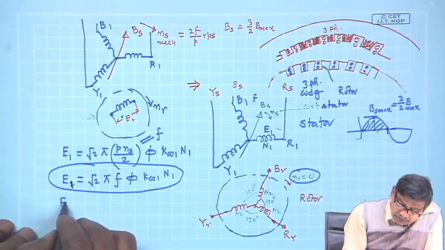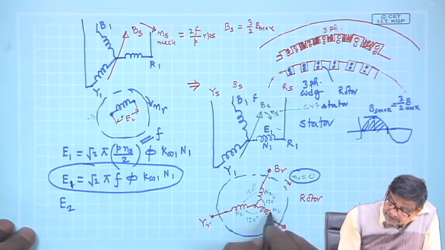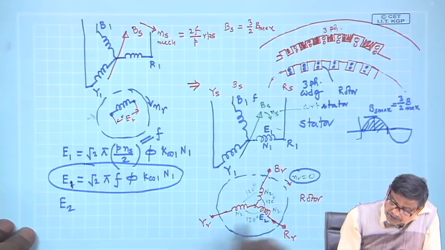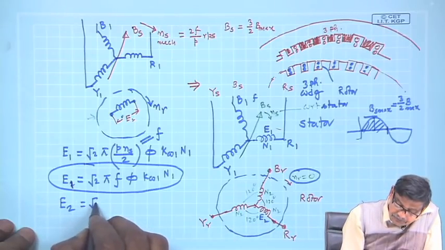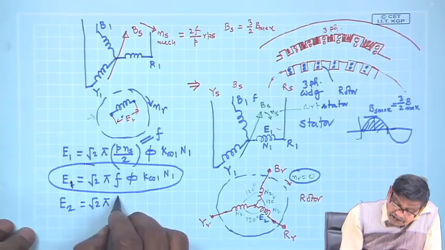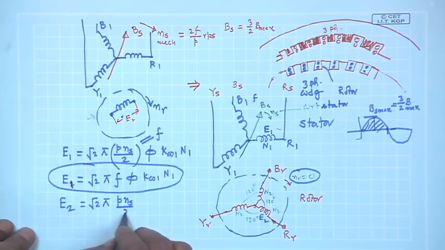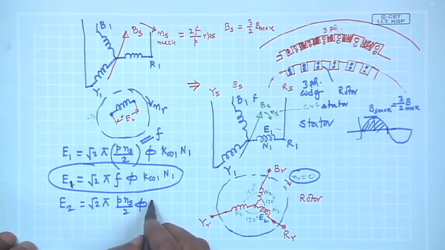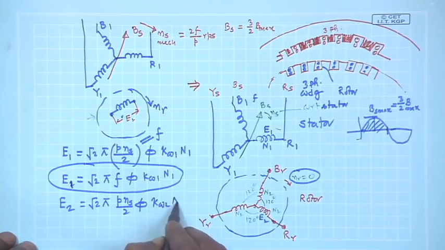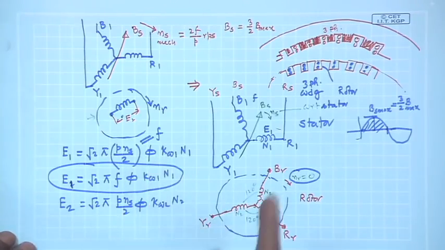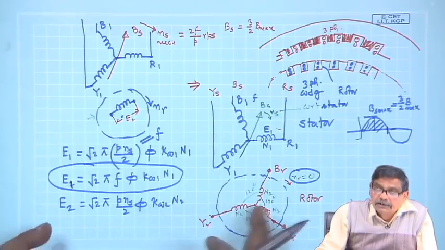Similarly, E2, the RMS value of the per phase voltage, will be root 2 pi P, since Nr equal to 0, P ns by 2, with the same flux per pole, it has not changed, into kw2 into N2. What is kw1? Kw1 is the winding factor of the stator windings, and kw2 is the winding factor of the rotor winding.